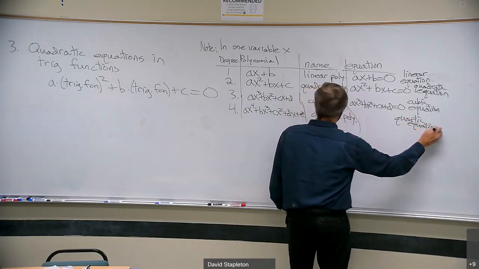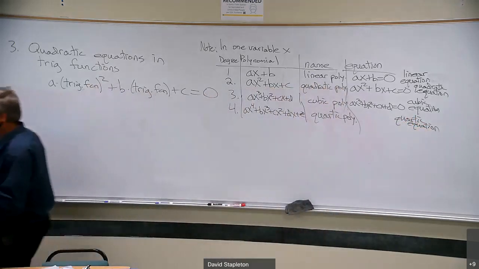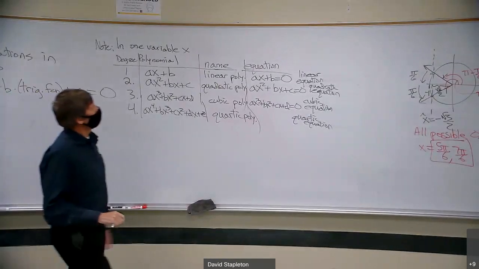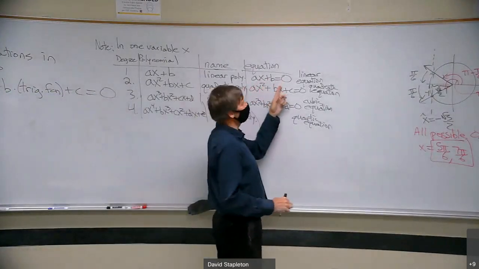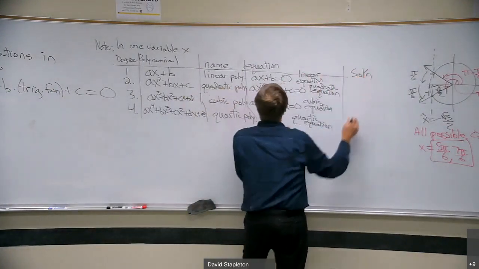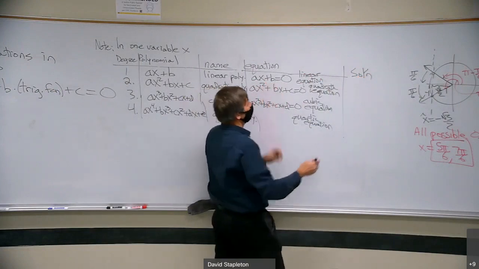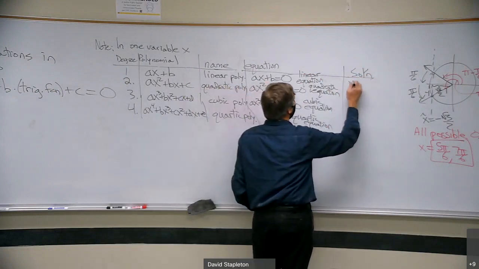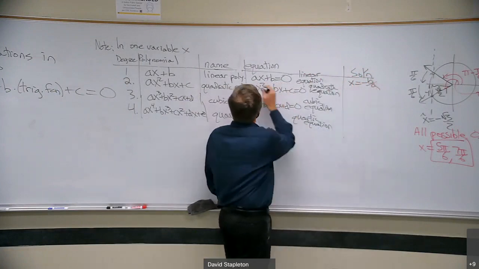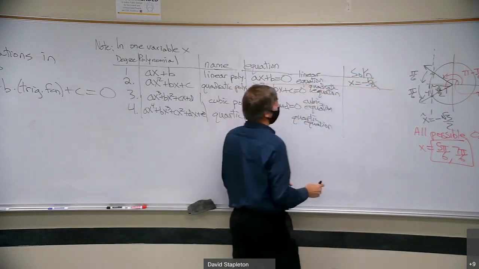And then, these all have nice solution methods, right? What is the solution to a linear equation we just said? I subtract b and divide by a, and I get x equals minus b over a, right? That's how you solve a linear equation. Subtract b and divide by a.